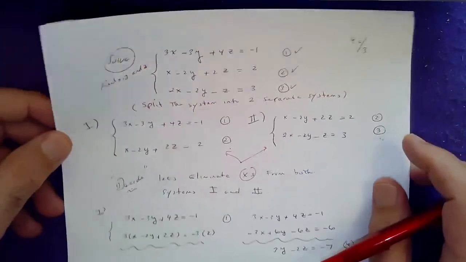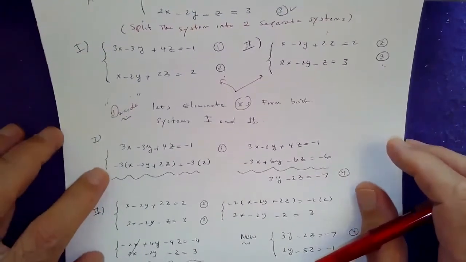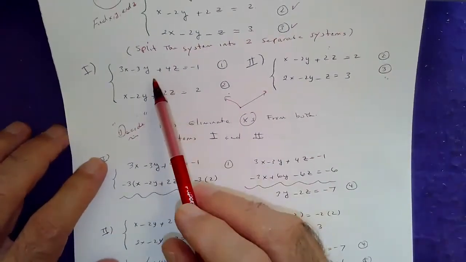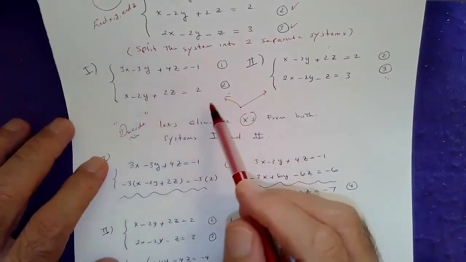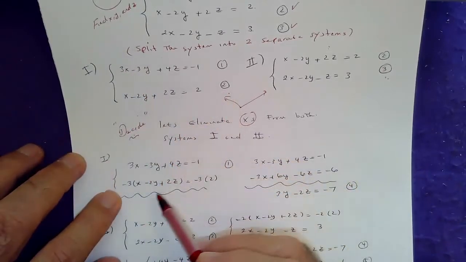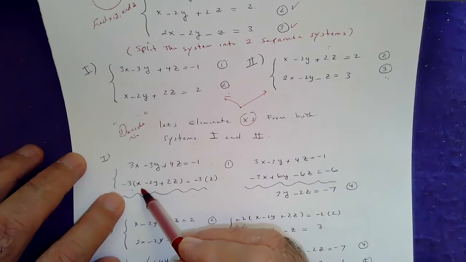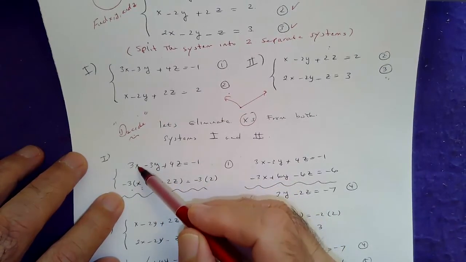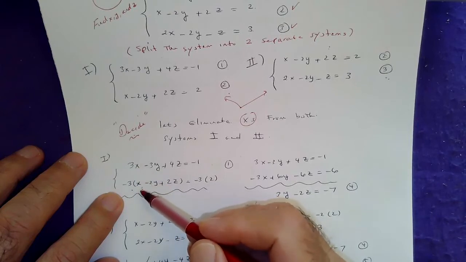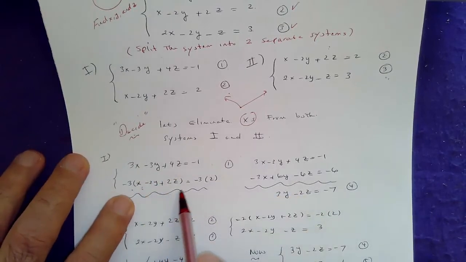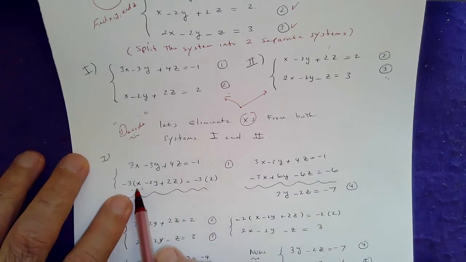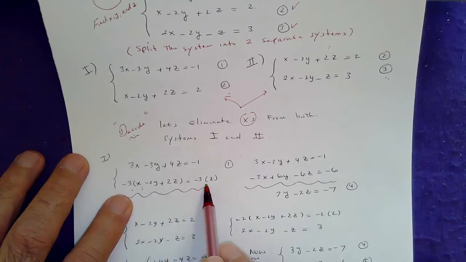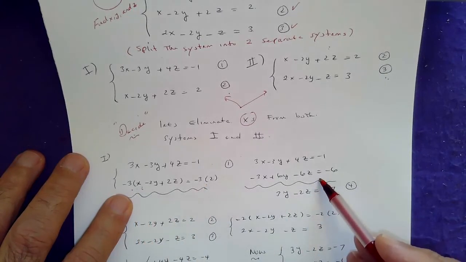In system number 1, to wipe out the x's, I multiplied both sides of equation number 2 by -3, so that way I'll get -3x plus 3x, it would add up to 0. When I went through the multiplication, remember, whatever you do to the left, you do the same thing to the right. You get this.